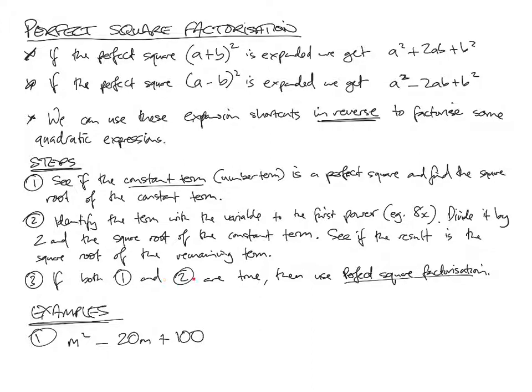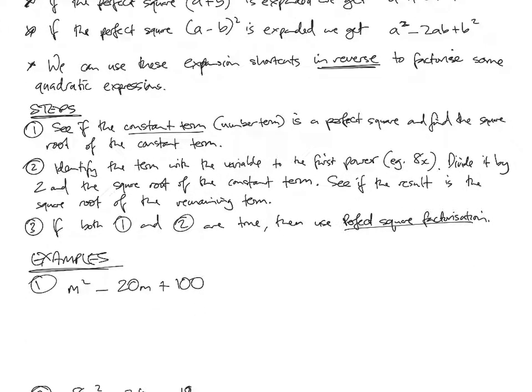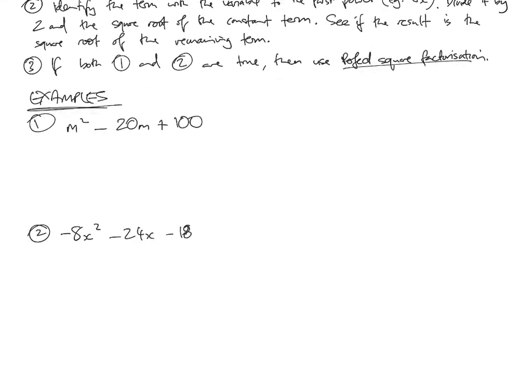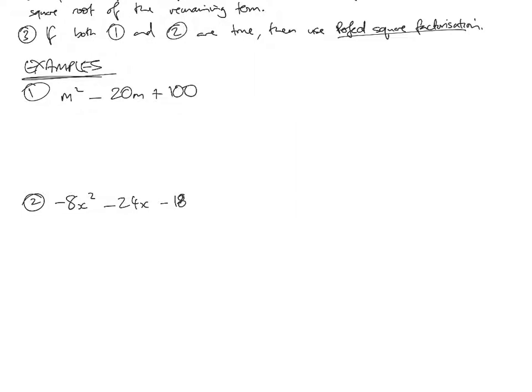If both 1 and 2 are true, then you can use this perfect squares factorization shortcut here. So that second step can be a little confusing if you're not the best at algebra, so I'll try and show you what I mean in the example here.